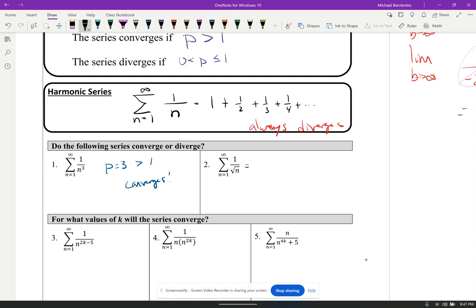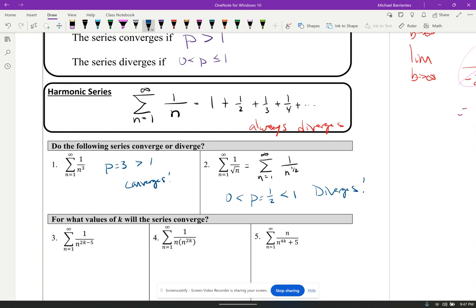However, you and I both know that I could rewrite this as 1 over n to the 1/2. So therefore, my p value is 1/2. That's less than 1, or in between 0 and 1, and therefore it's going to diverge. That's the p-series test, I guess, if you will.